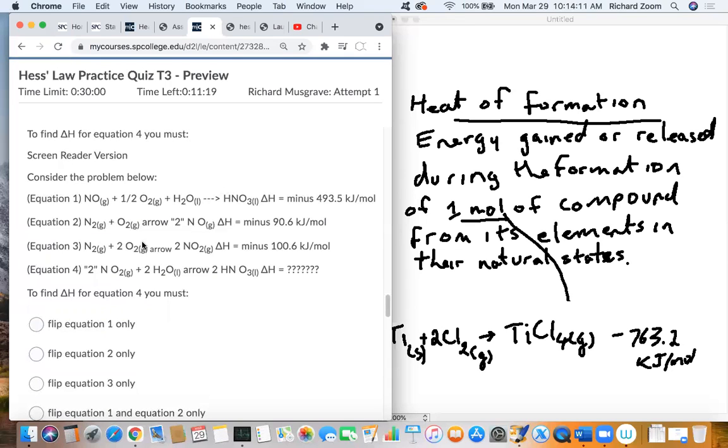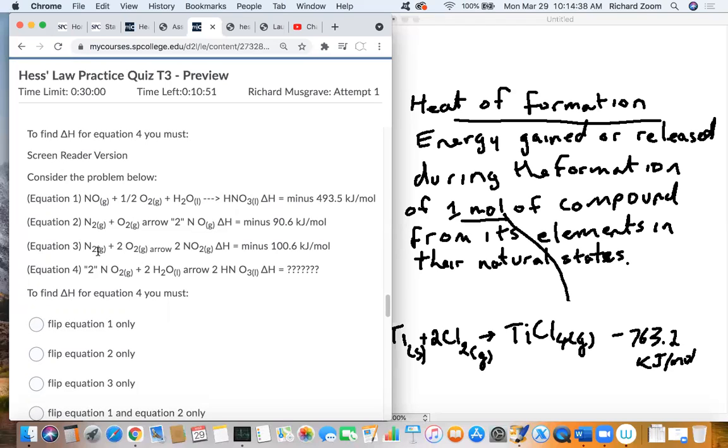Why wouldn't you flip equation 2? As it turns out, it's a good question, Joseph. Once I flip equation 3, I'm in a position where the N2s will end up cancelling. See, the N2 will be on the opposite side once I flip equation 3. So if I flipped equation 2, it would bring the N2 effectively to the wrong side. You see what I'm saying?